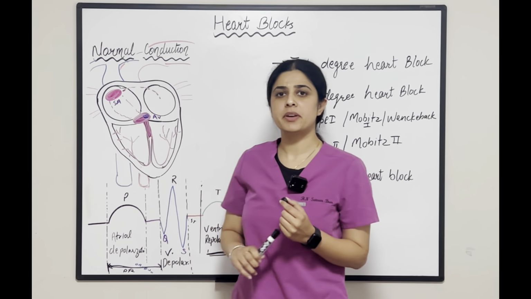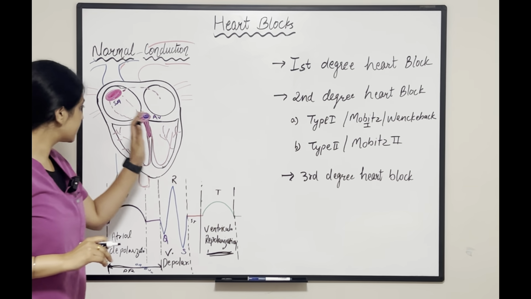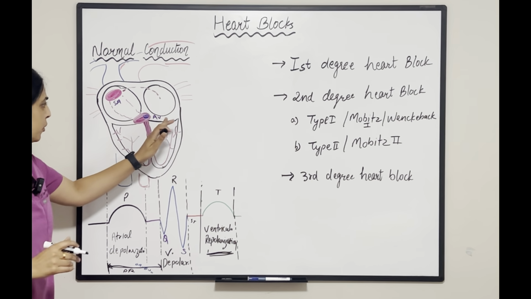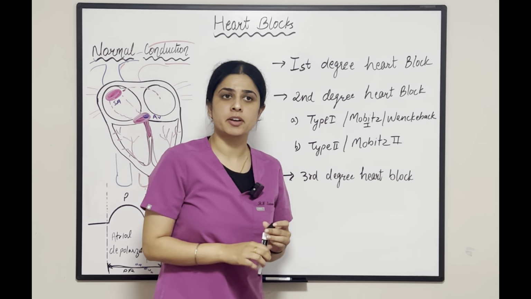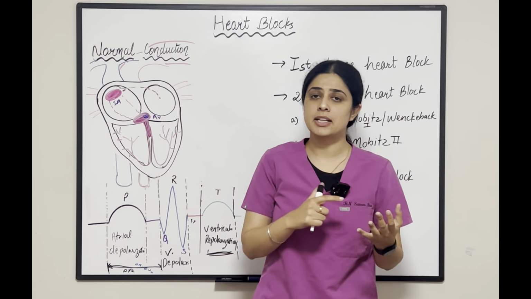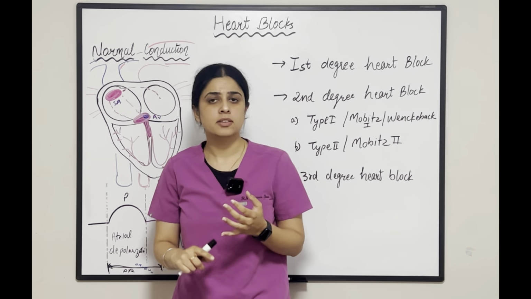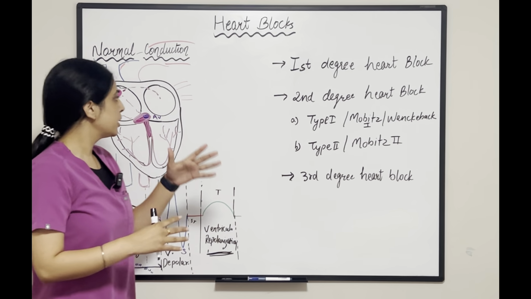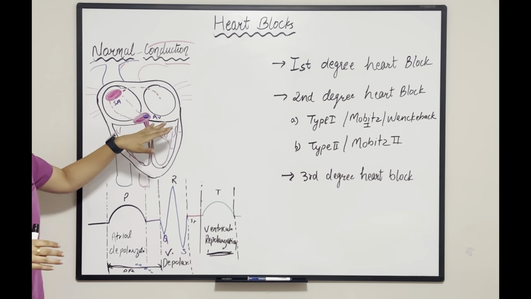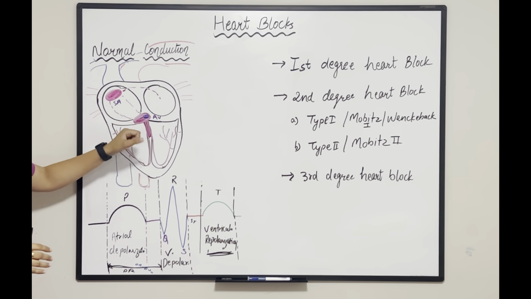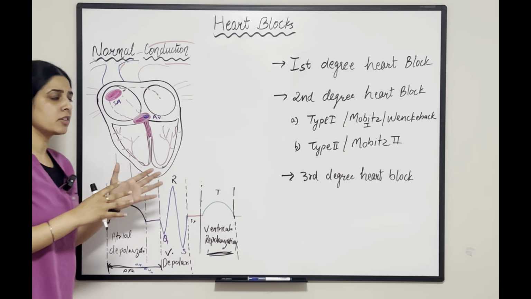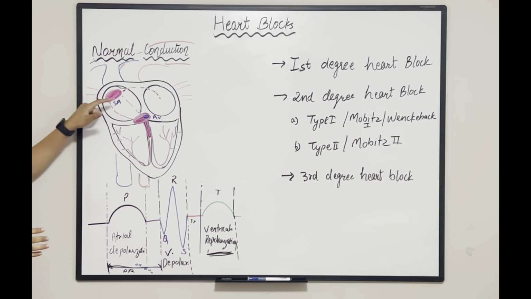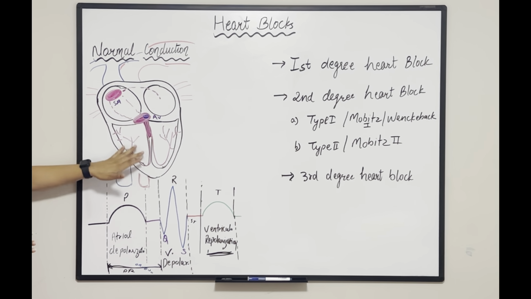So what happens in heart blocks? Whenever impulses slow down at the AV node, because of the effect of some drugs, for example beta blockers, calcium channel blockers, digoxin, or sometimes whenever there is a myocardial infarction with necrosed or ischemic cells at the AV node, that causes blockage of impulses generated from the SA node moving to the ventricle.